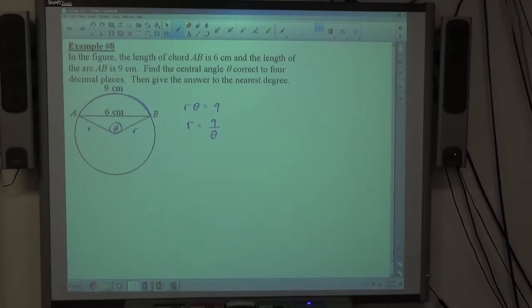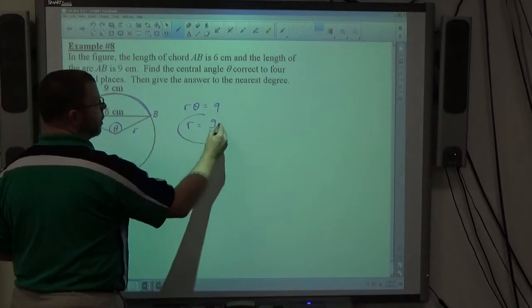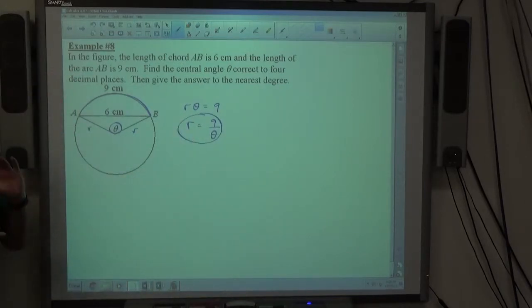That's useful because I want to know what theta equals. There are two variables, R and theta, so having a relationship between the two allows me to throw R out and put something in terms of theta in.